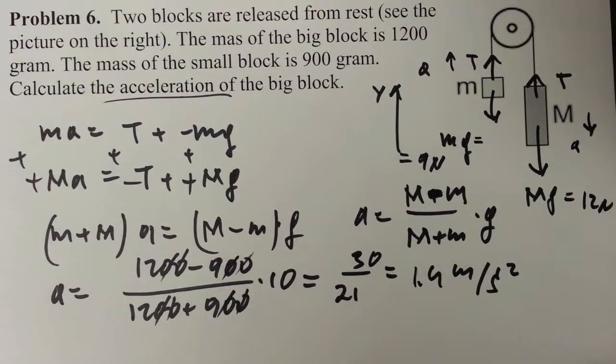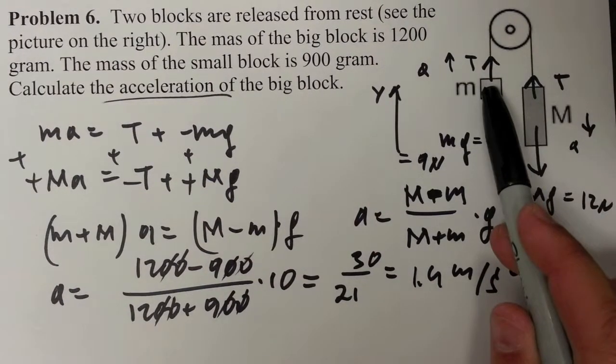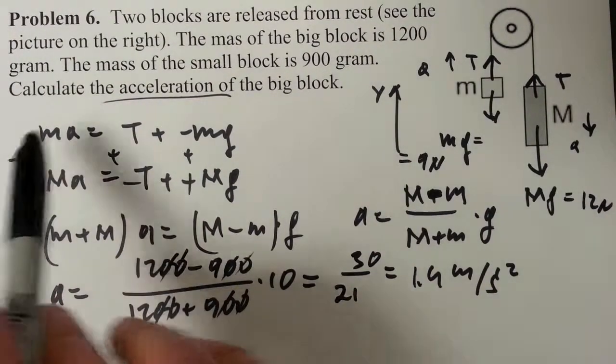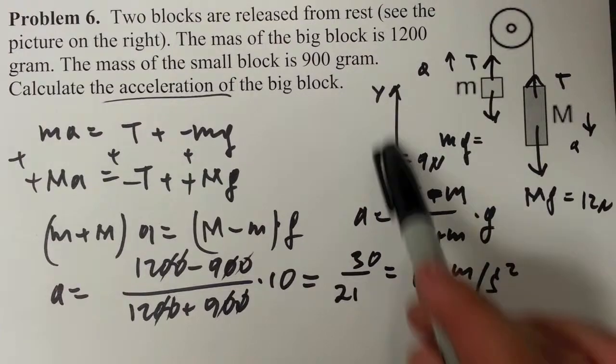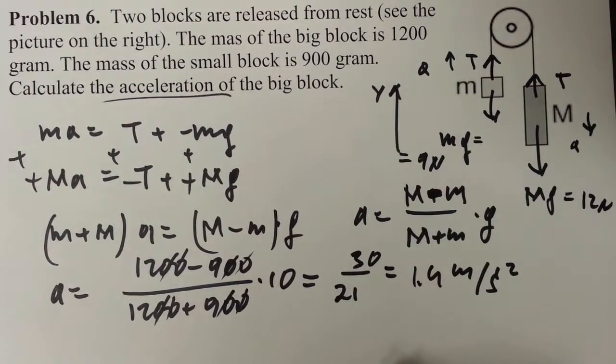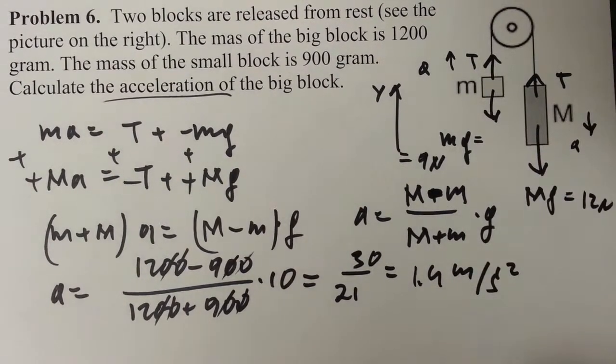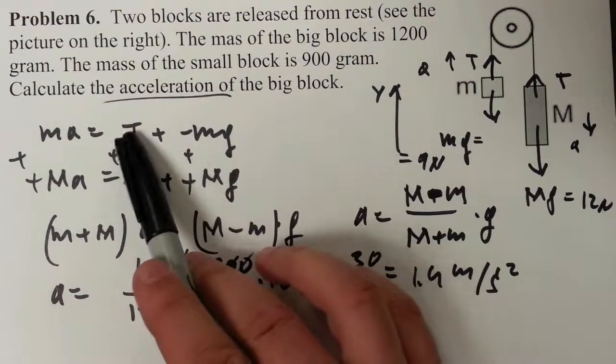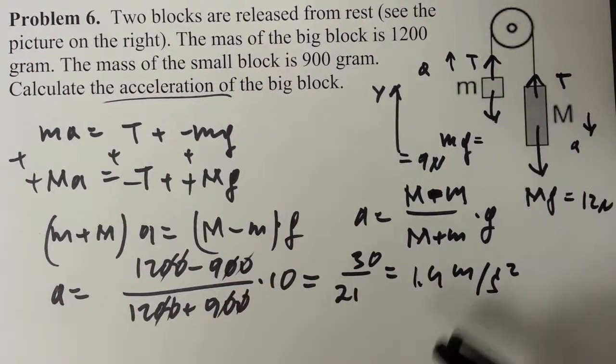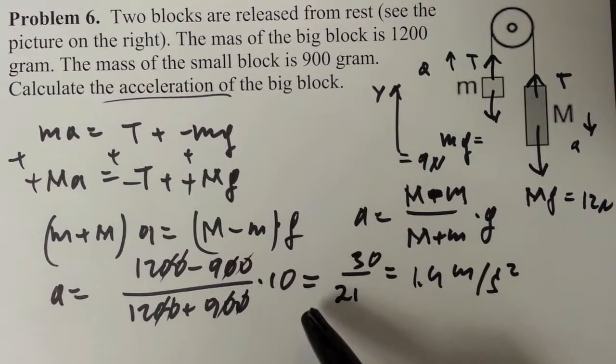two equations. First, Newton's second law for the little guy. Well, we choose positive y direction upwards, so everything which points up is positive. ma is positive, tension is positive, gravity has negative component, negative.